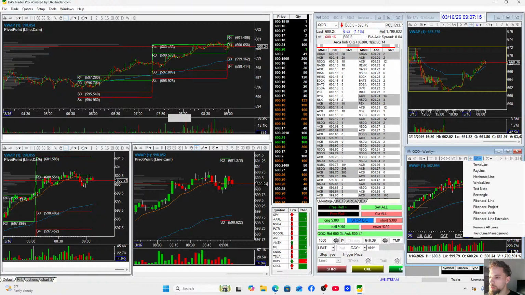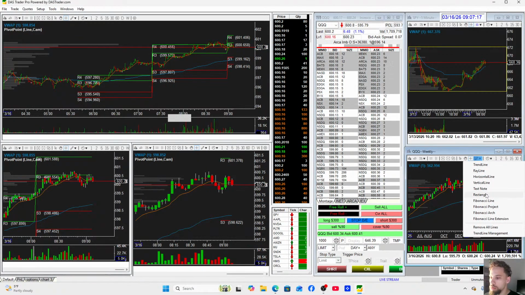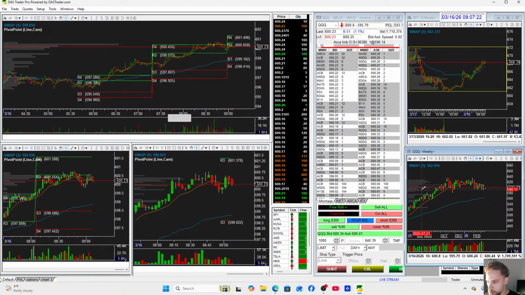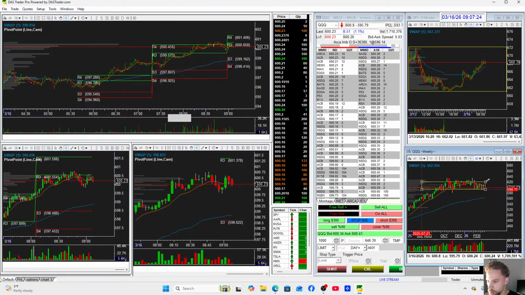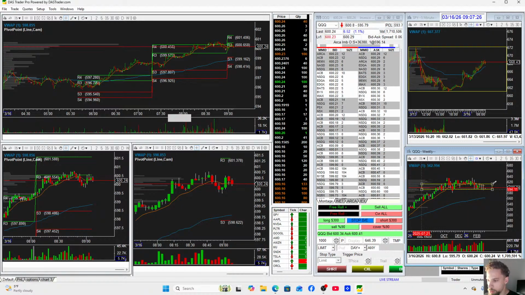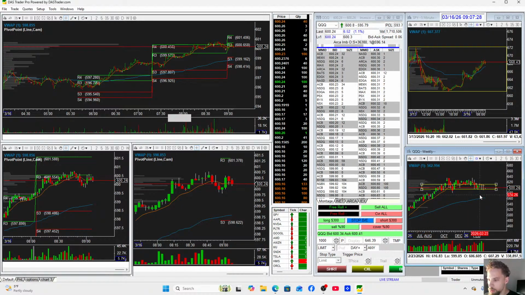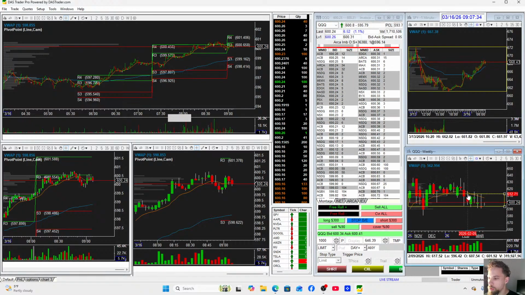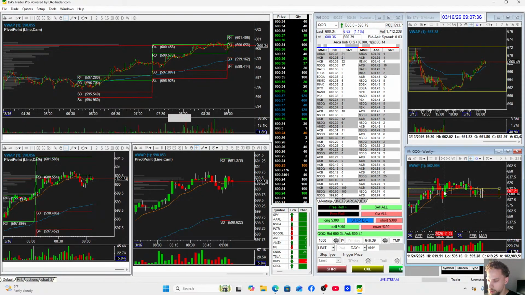Drawing the box is what I like to do. Just one shape that I'm drawing on my chart. Support and resistance, two lines essentially, but that looks good to me. So area of support 594, high of 612.